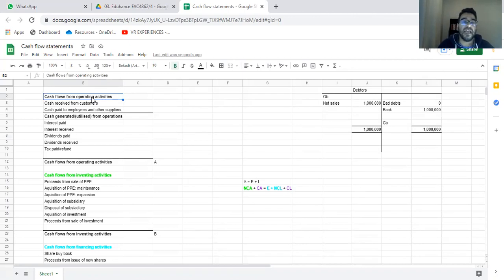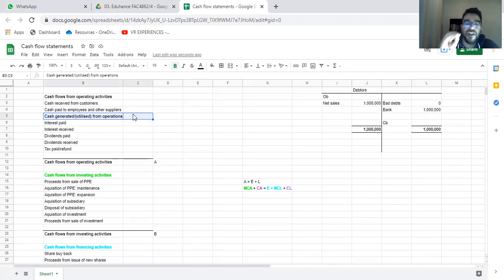Remember, operating activities can be done in 2 ways, using the direct method or the indirect method. This is the direct method. Remember, the only thing that the direct method and the indirect method impact is this line item over here, cash generated or utilized from operations.